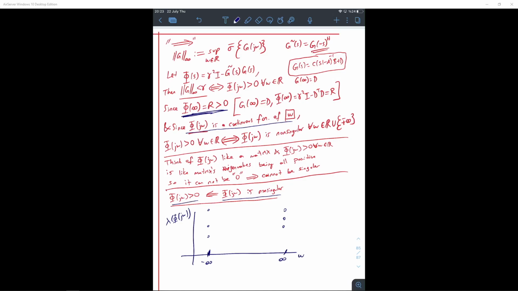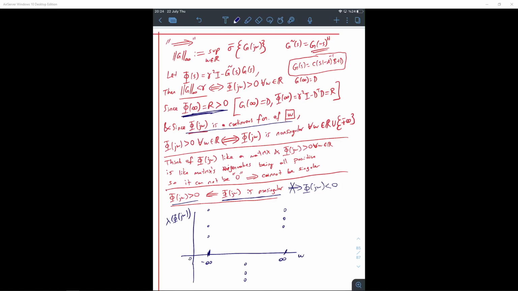And for example, what I'm saying is that this being non-singular cannot imply that phi of j omega is less than 0. Like 3 eigenvalues is like this, okay? This is negative, right? Cannot be like this. Why can't it be like this?